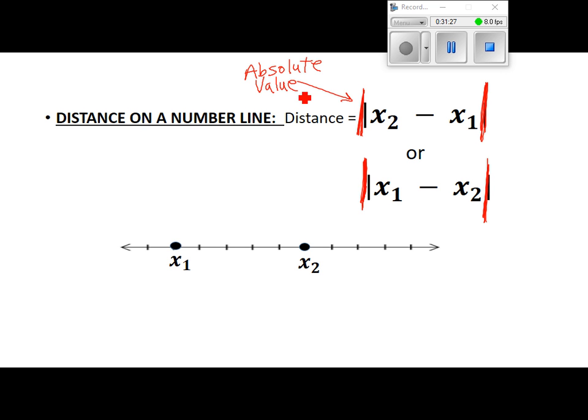If I just put this and didn't put the 2 and the 1 in there, what would you tell me the answer was? 0 every time. So I put those in there so that you know you have one x, one number, one coordinate, and then some different coordinate. That's all they mean. Notice here they could be switched around. It makes no difference.